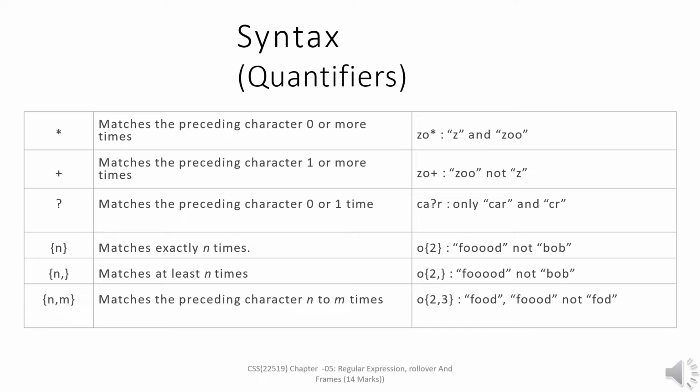In curly braces, o{n} matches exactly n times, for example o{3} matches ooo. Then {n,} matches at least n times. Then {n,m} matches the preceding character n to m times, meaning how many times that particular character will be repeated.